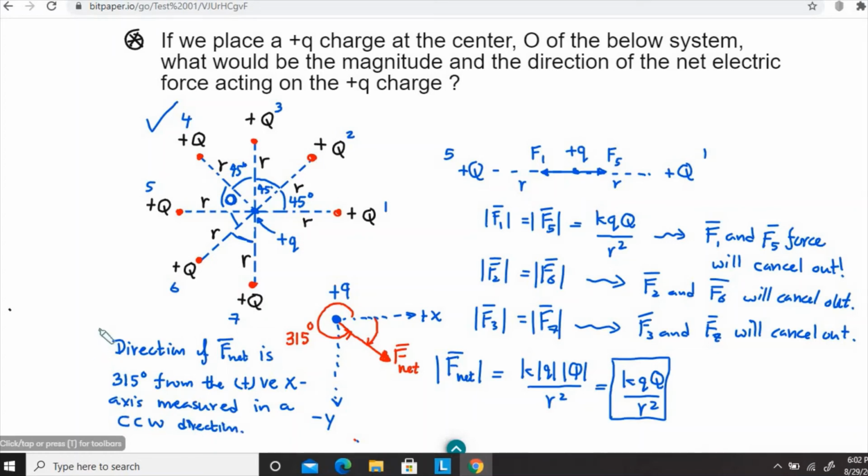So that's how we write the direction for this net force, and then this gives you the magnitude of that force.